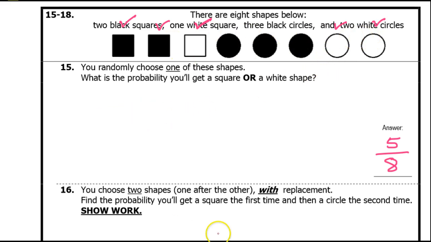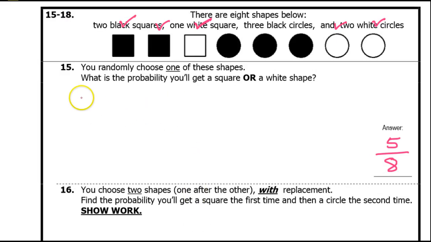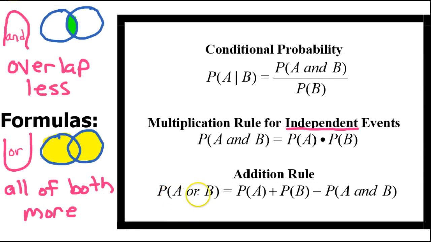Now if I wanted to use one of my formulas, I could do that here. I could use this OR formula, this addition rule. The probability of A or B is the probability of A plus the probability of B minus the overlap. Sometimes I like to do the probability part at the end, so I could rewrite this formula without the P part.